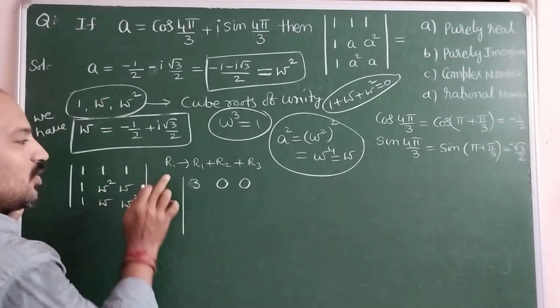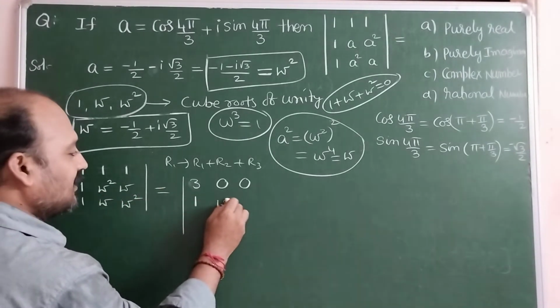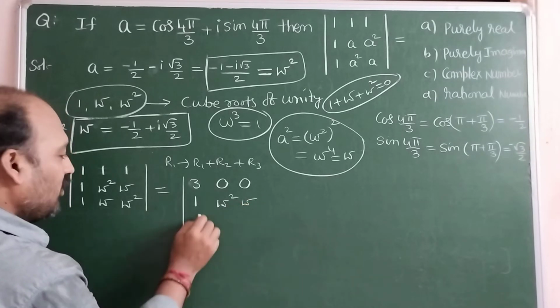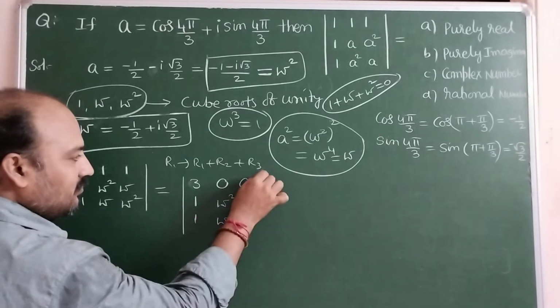The rows R2 and R3 we can leave like this: 1 omega square omega, 1 omega omega square.